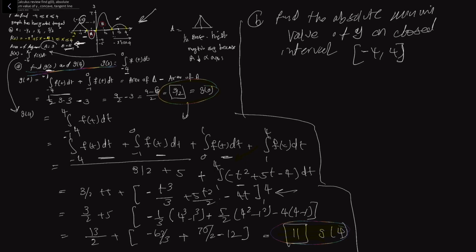So it wants us to find the absolute minimum value from -4 to 4. That's the way we're going to check this out. We're going to check the function at every point, like g of x, which is the integral from -4 to x of f of t dt.